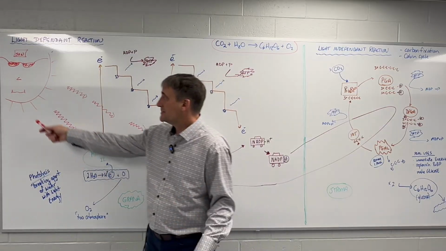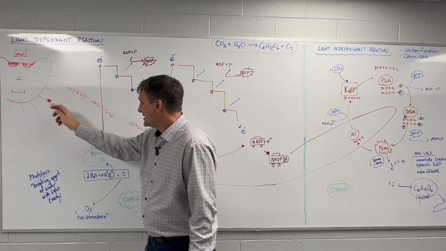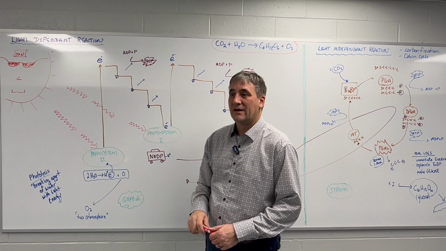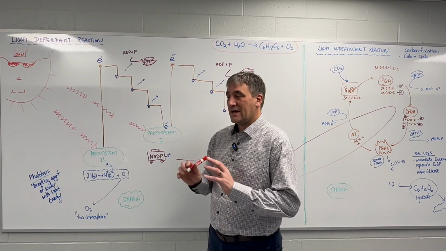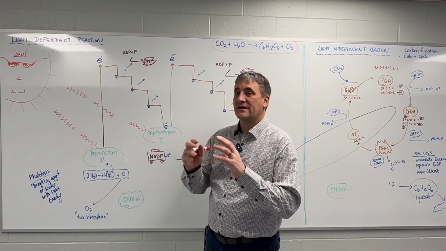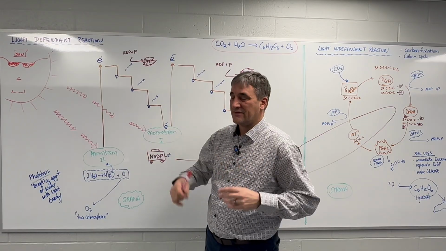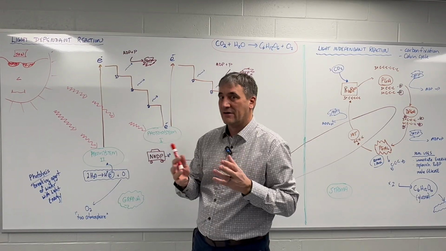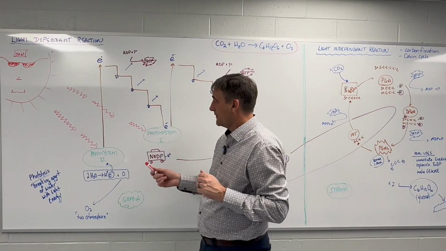So here's Mr. Sun. Mr. Sun shines on the grana, on the solar panels, inside the chloroplasts, inside the plant cells, specifically probably in the leaves, maybe the stems, sometimes in the unripened fruits.